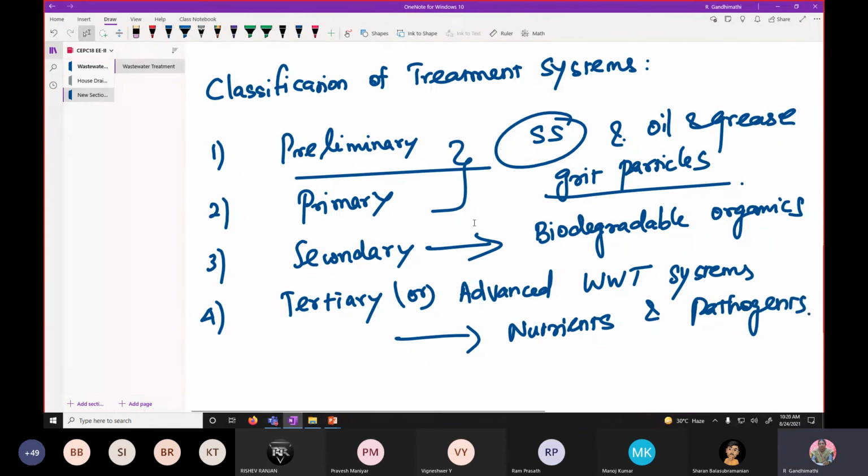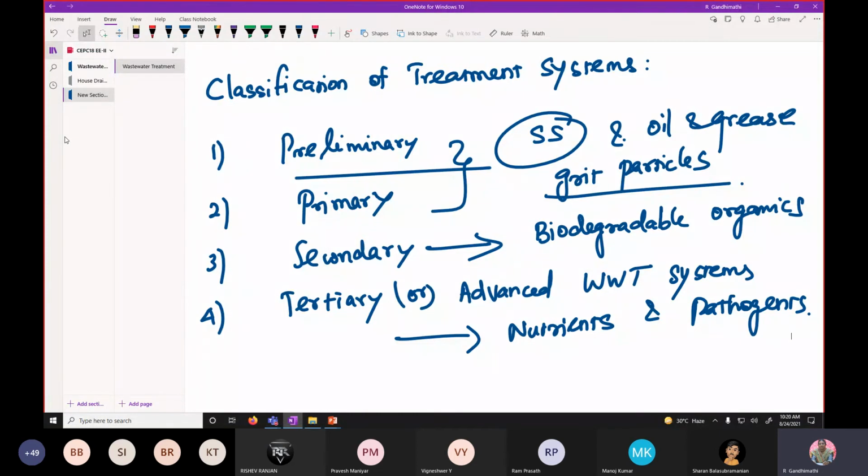Is it clear, students? These are the different types of treatment systems for wastewater, depending upon the purpose. Mainly it is classified as preliminary, primary, secondary, and tertiary treatment systems.